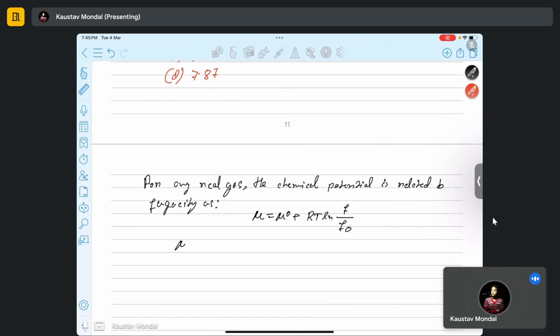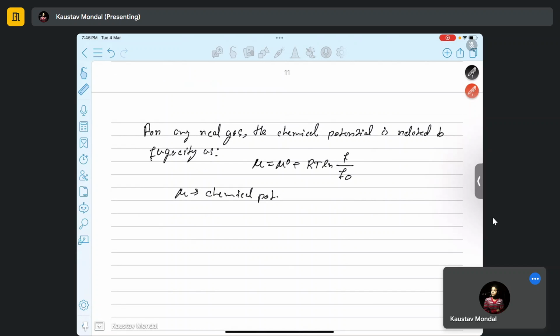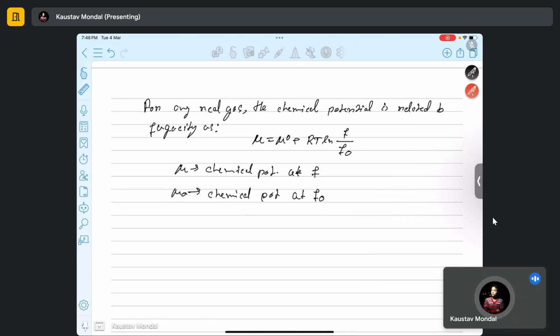Now here mu is the chemical potential, right, at F, and mu naught is the chemical potential at F naught, okay. R is the real gas constant, T is the temperature, and F naught is basically the reference fugacity, okay.